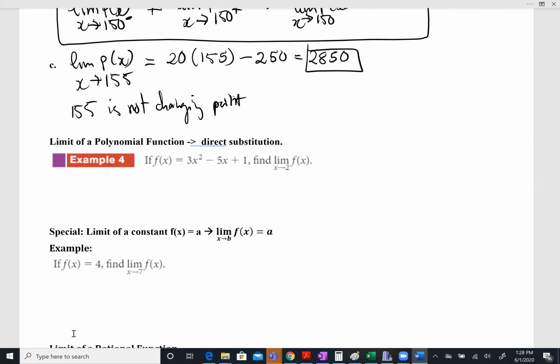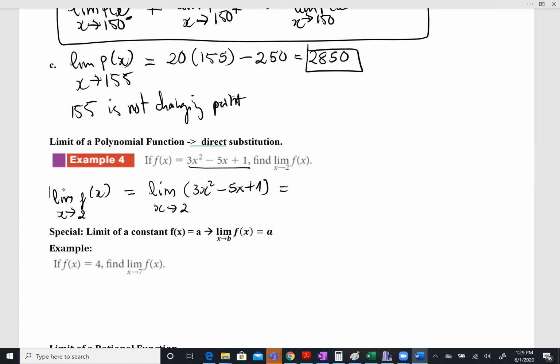So in here, I have the limit of f(x) when x approaches 2, right? And I know that f(x) equals 3x squared minus 5x, so I'm going to change it to be the limit of 3x squared minus 5x plus 1 when x approaches 2.